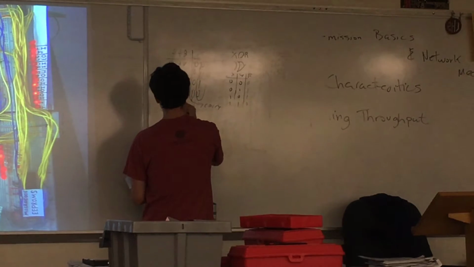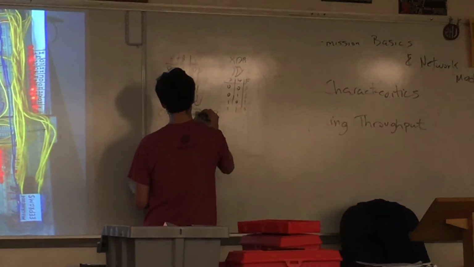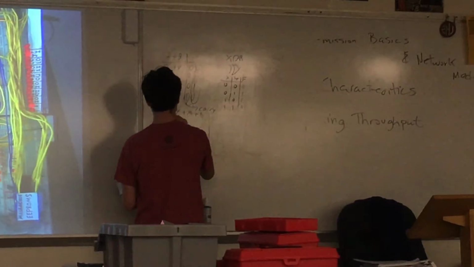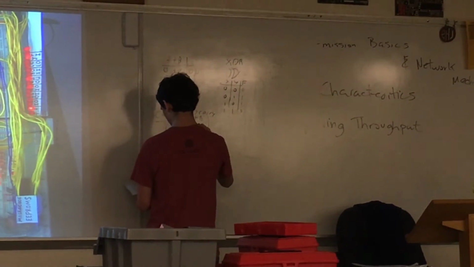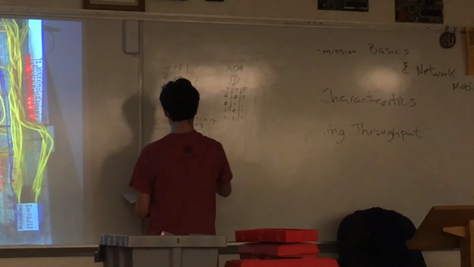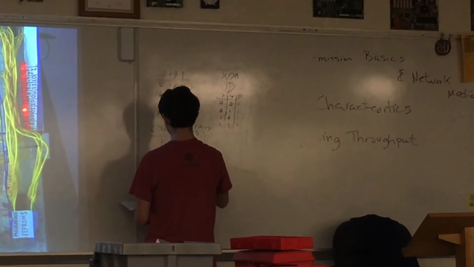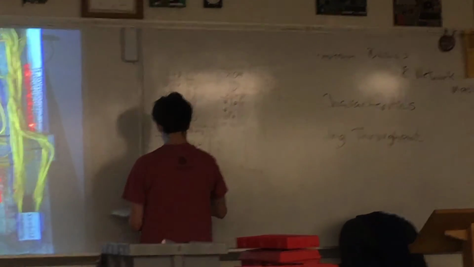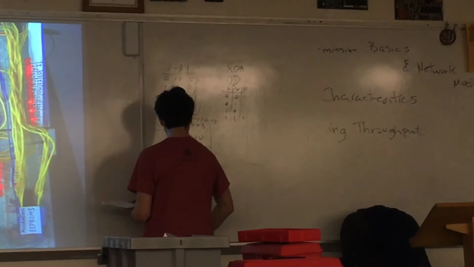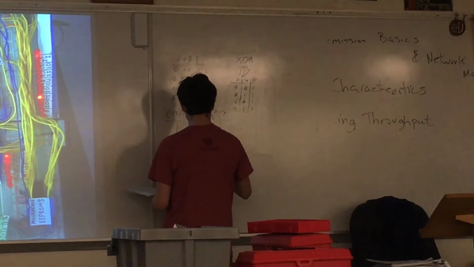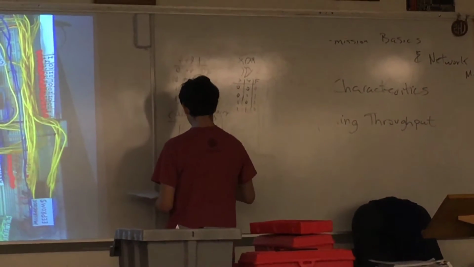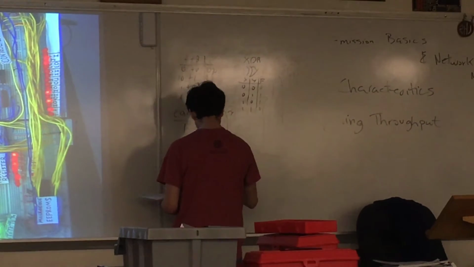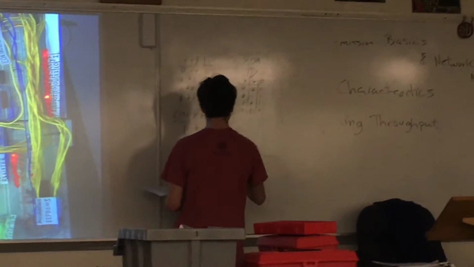Now, if you have carry plus A plus B, you're going to have a different set of circumstances. You're going to have 1 plus 0 plus 0, 1 plus 0 plus 1, 1 plus 1 plus 0, 1 plus 1 plus 1.